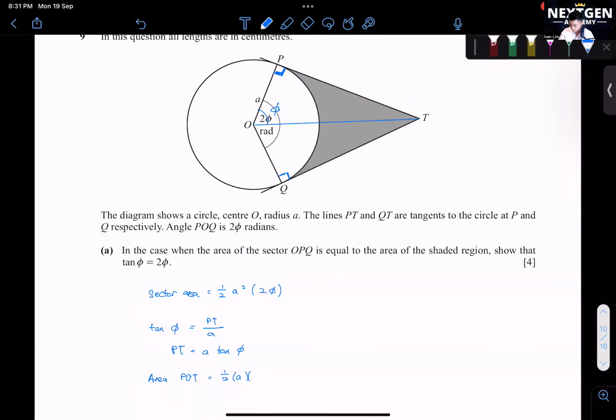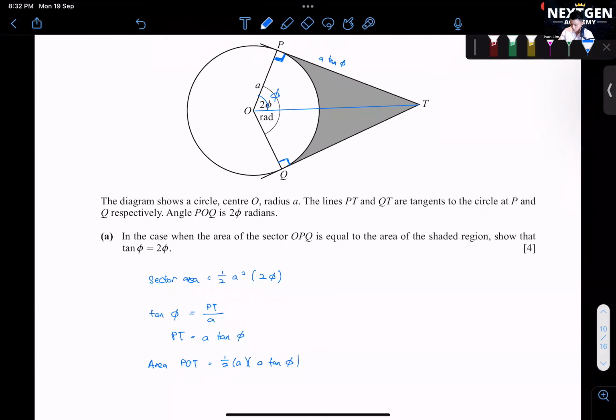You can label here, this is A tan phi. Then you will get half times A times A tan phi, or half A squared tan phi.